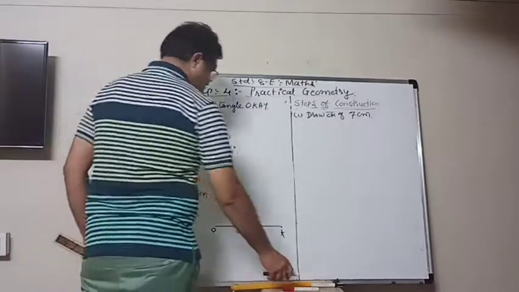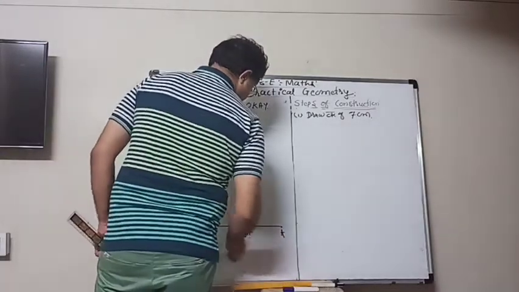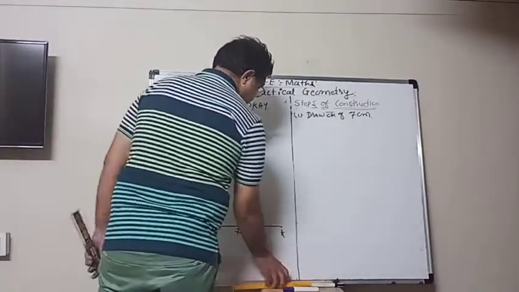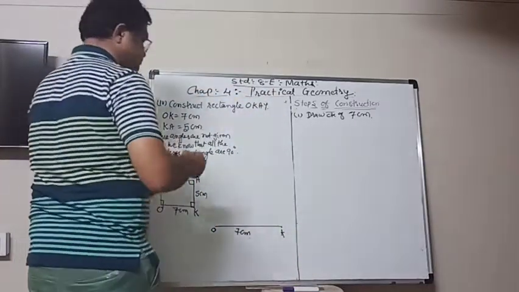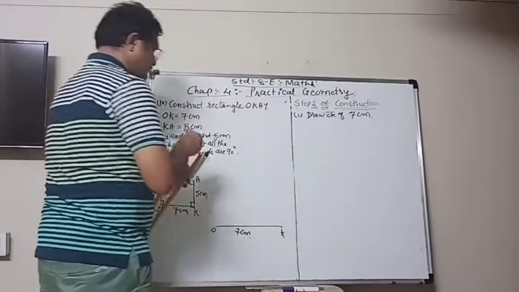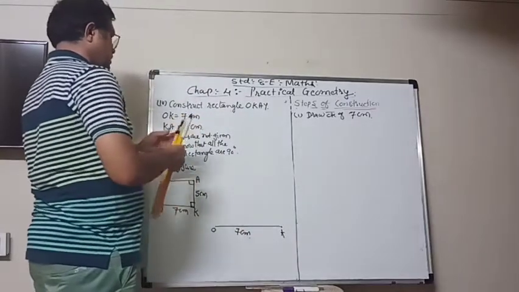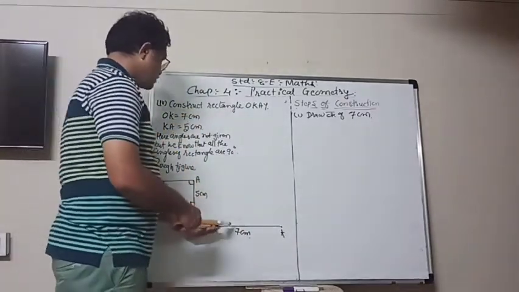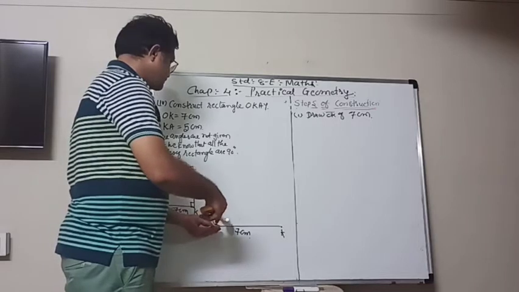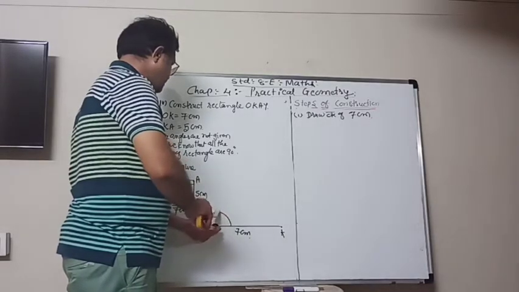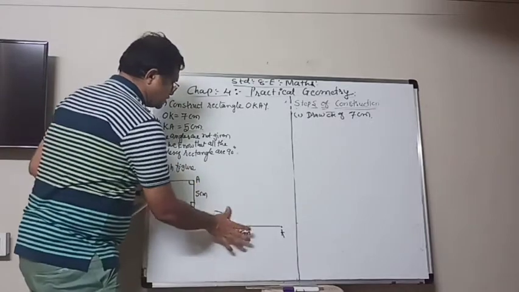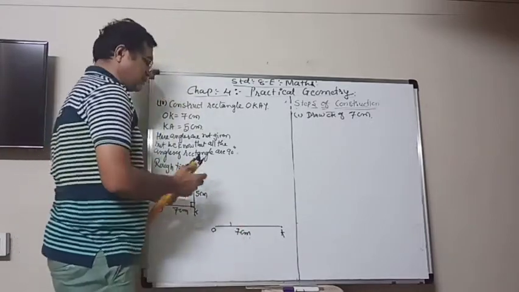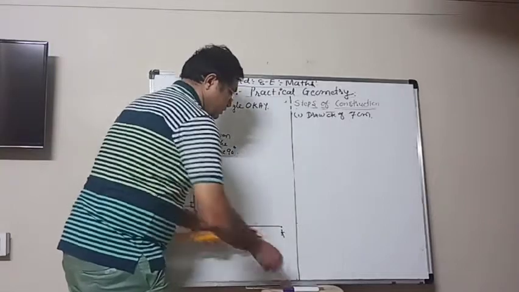Now here we have to draw right angle on both the ways. For right angle, what will you do? We have to draw a semicircle. So I will show you how to draw it.